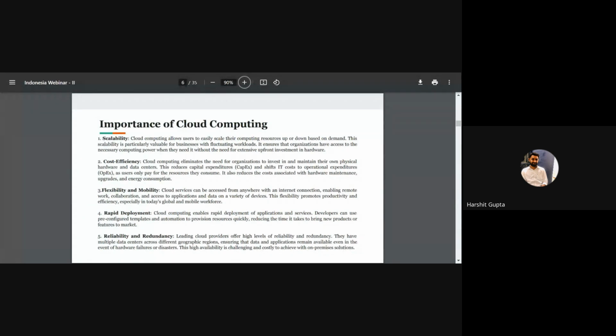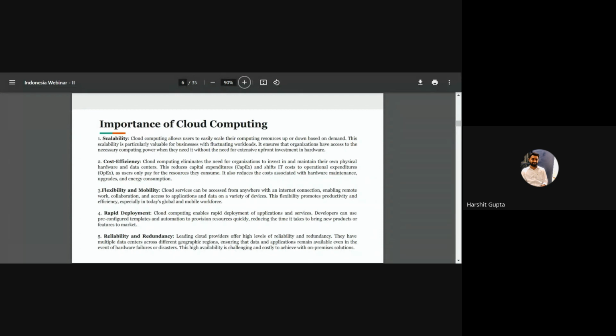Next, it is cost efficient. Cost efficient means that if we are switching to cloud computing oriented services instead of setting up the infrastructure in the company or organization, then we reduce the capital expenditure, which shifts to the operational expenditure of the company.